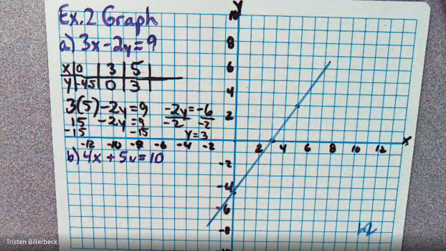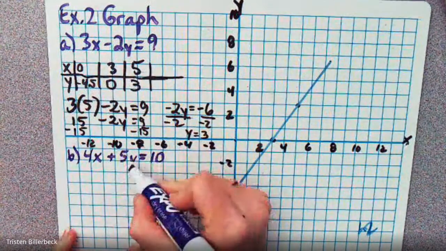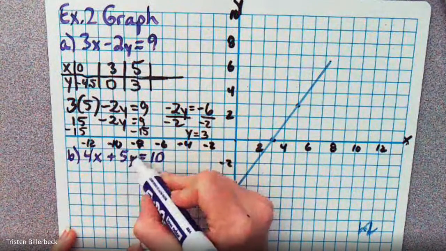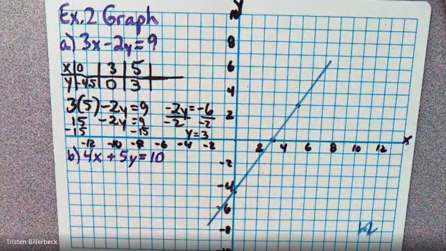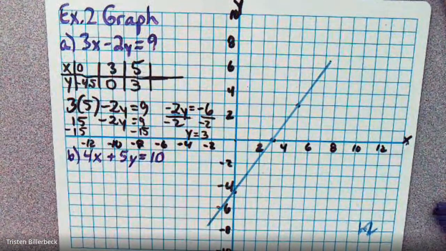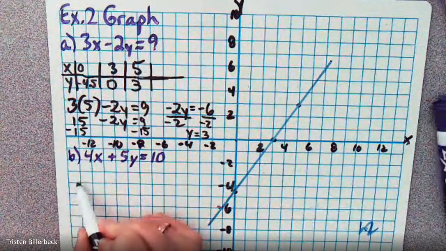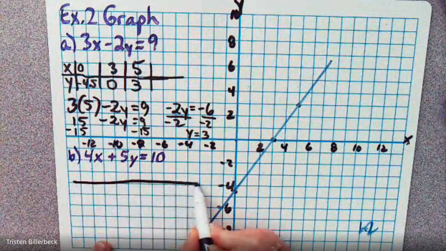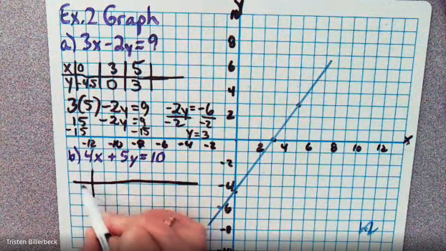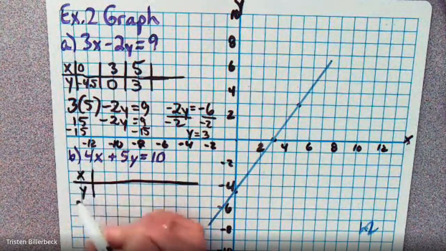All right, let's look at this one. This one, we lost a little something in translation here. Okay, whoops. So we have 5y right here. So make our chart. We have an x and a y.